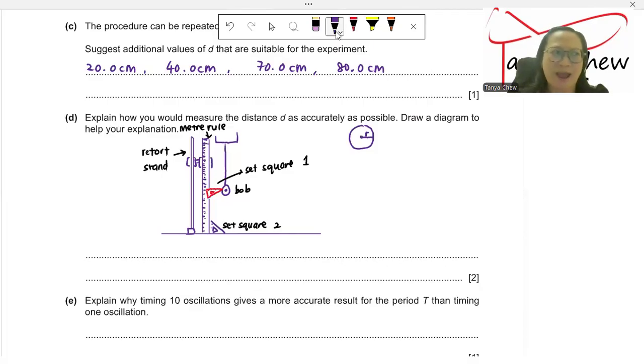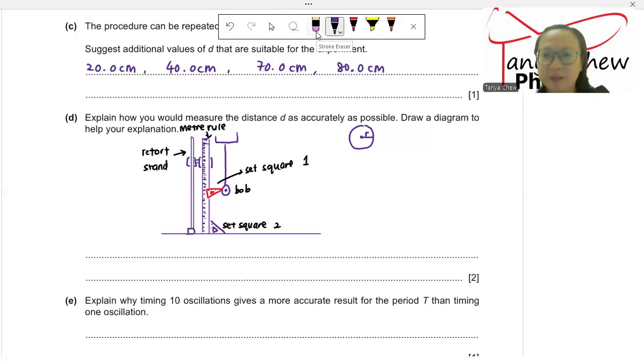The one that we have, which is considered very accurate to us, is this one. This is called a micrometer screw gauge. Even though it is very sensitive, it can only be used to measure the diameter of the pendulum bob. So I will have to measure the diameter of the pendulum bob first, and then to find the radius of the bob, I just take diameter divided by 2.